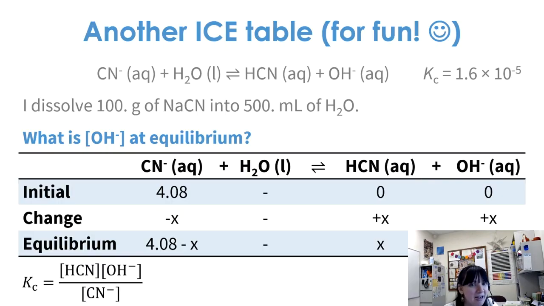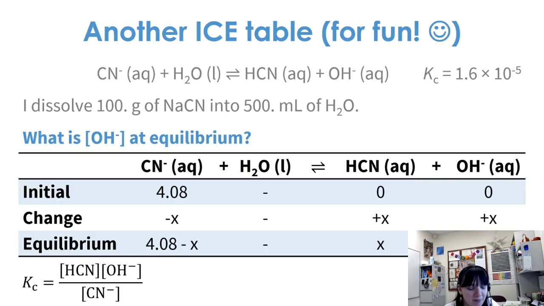And if we look at our initial amount of the reactant, the CN minus, we already have quite a bit of it: 4.08 molar, which is a really high concentration for a solution.